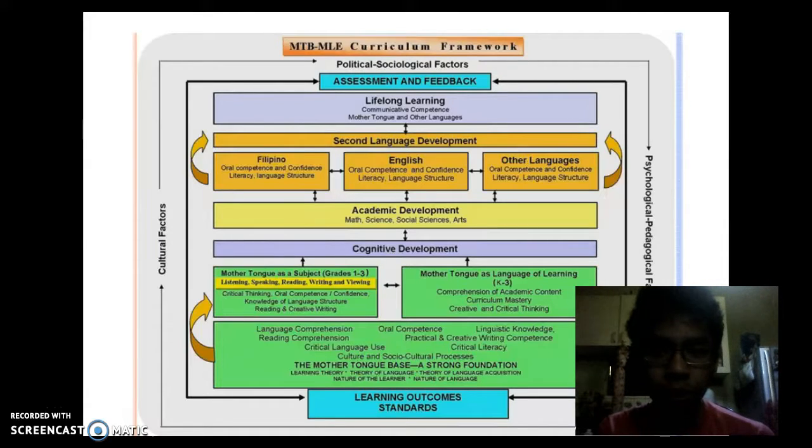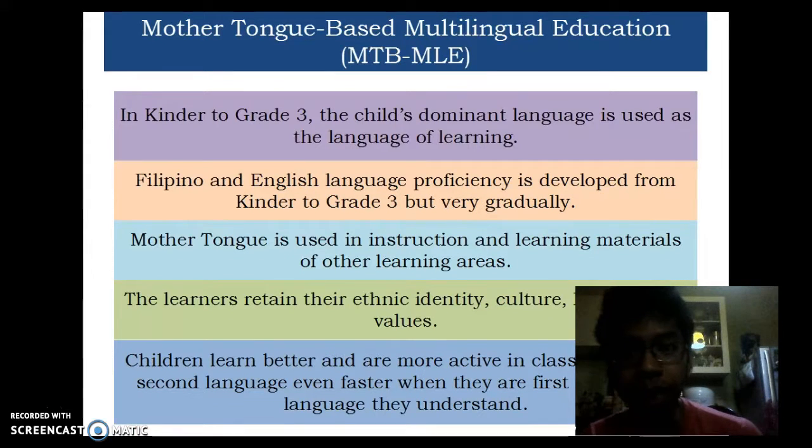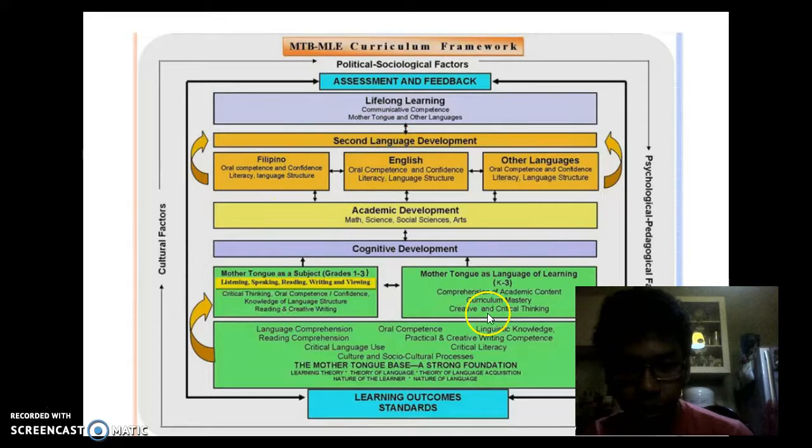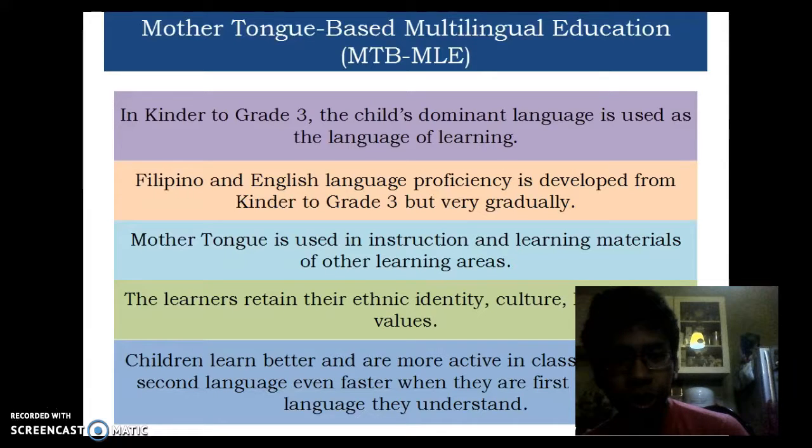That is the framework. To better understand it, let's go to the MTB-MLE itself. In kinder to grade 3, the child's dominant language is used as the language of learning. Filipino and English language proficiency is developed from kinder to grade 3, but very gradually.